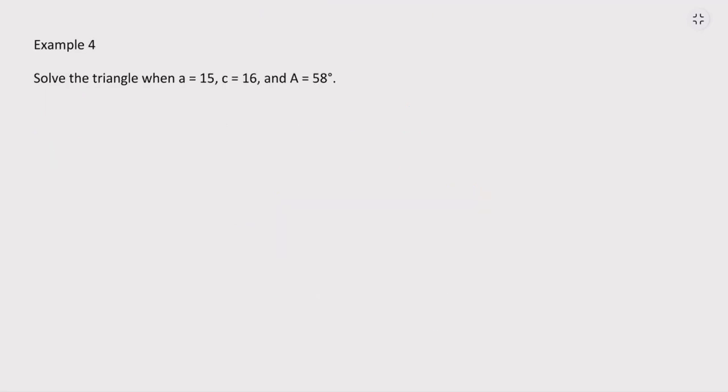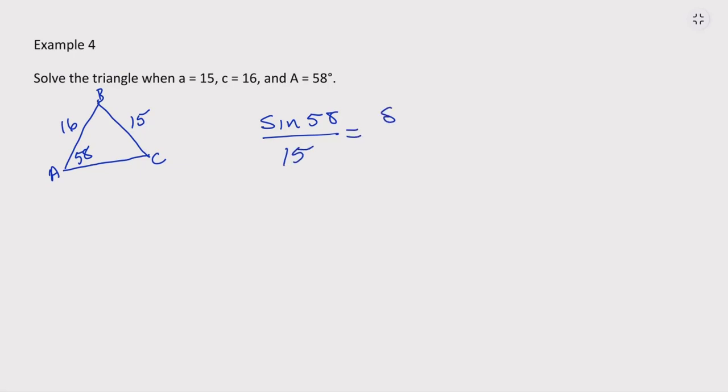All right, solve the triangle for example 4 when a is 15, c is 16, and angle A is 58. Let's first find angle C. So sine of 58 over 15 equals sine of C over c, which is 16. So I get 15 sine of C equals 16 sine of 58.